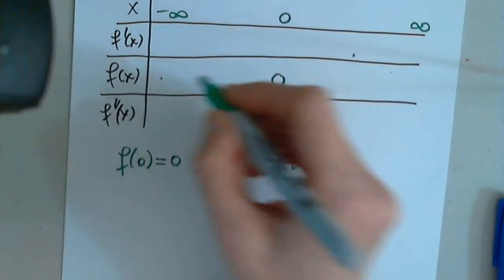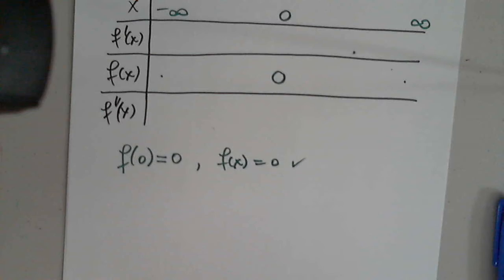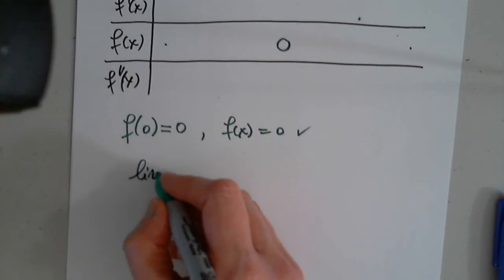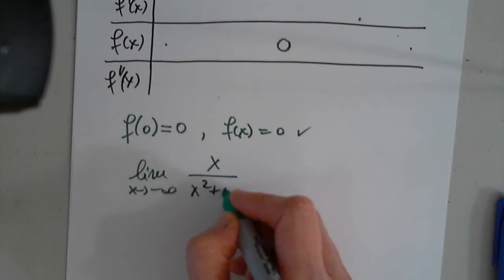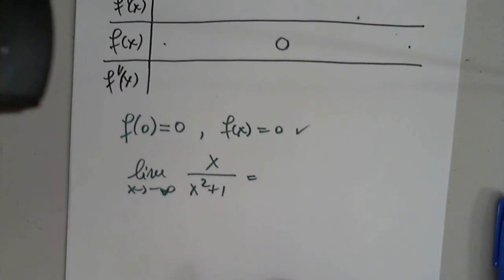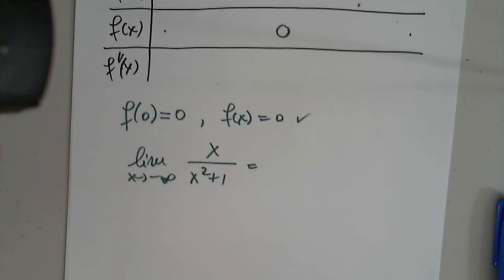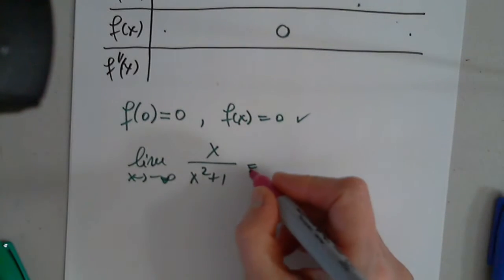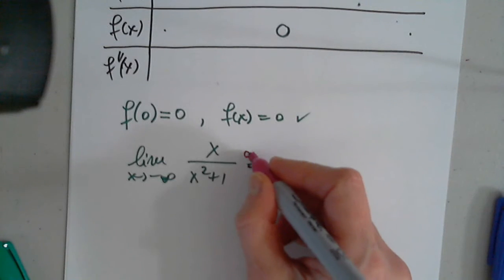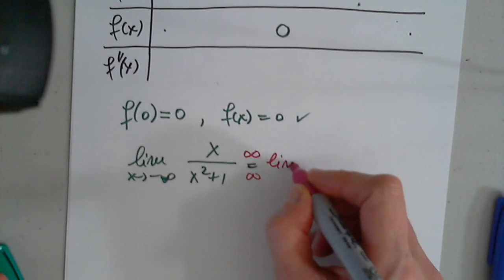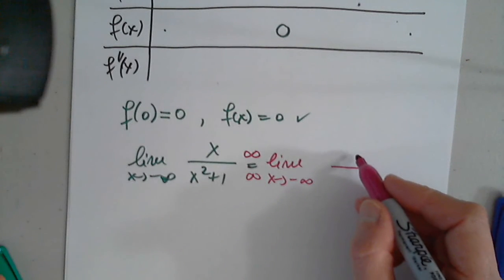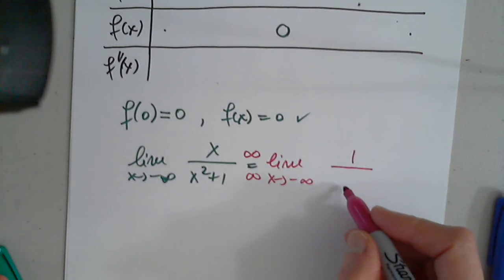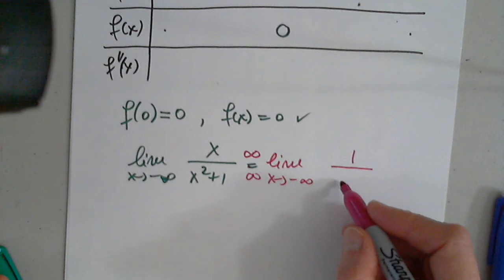The next step, I need the limits. So I want to determine the limit as x approaches negative infinity of x over x squared plus 1. Infinity over infinity. Good, very good. So then, limit as x approaches negative infinity. What is the top? 1. Good. The denominator? 2x. Good.